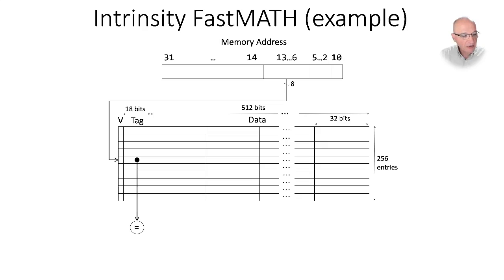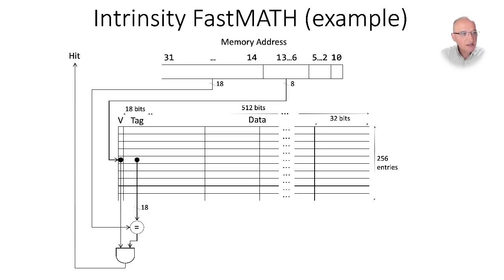This is a direct mapped cache, so there are not multiple sets. I compare the 18 bits of the tag with the 18 bits of the tag stored in the cache, and that will tell me whether it was a hit or a miss. I provide that information to the processor.